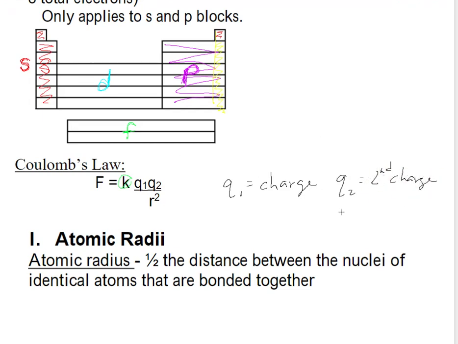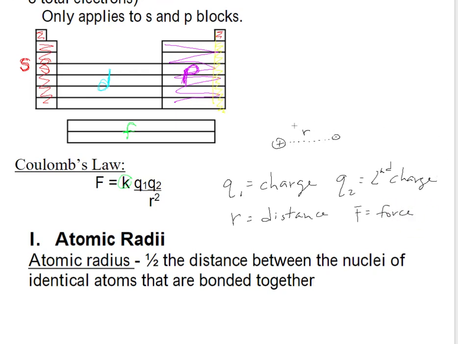So any charged particle, it's usually a proton and an electron, but it does not have to be. R is going to be this distance between them. So R is the distance between those 2 charges, and then F, of course, is the force.